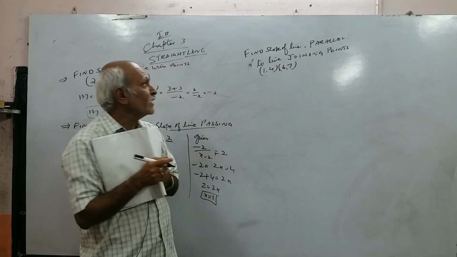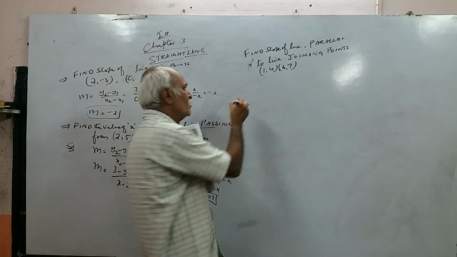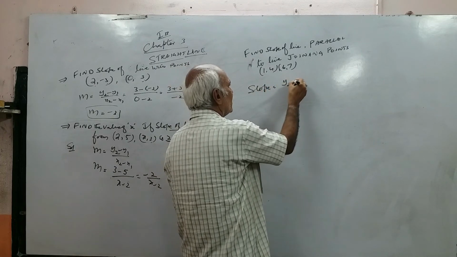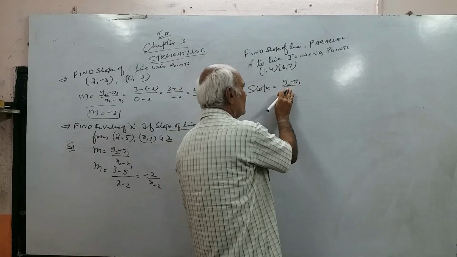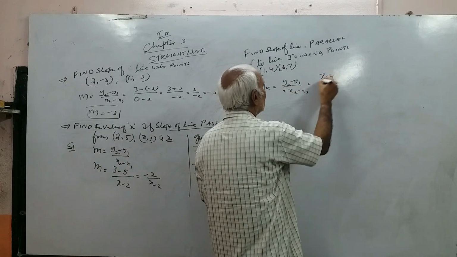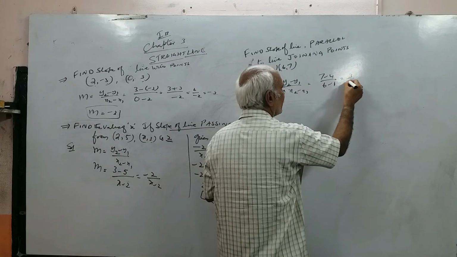Now he is asking to find the slope of the line parallel to the line joining the points 1 comma 4 and 6 comma 7. So what is the slope formula? Points are given: y2 minus y1 by x2 minus x1. So what will happen? 7 minus 4 by 6 minus 1, that is 3 by 5.